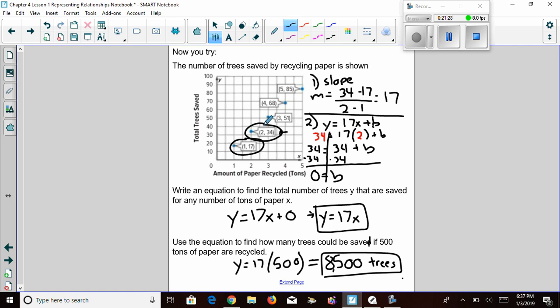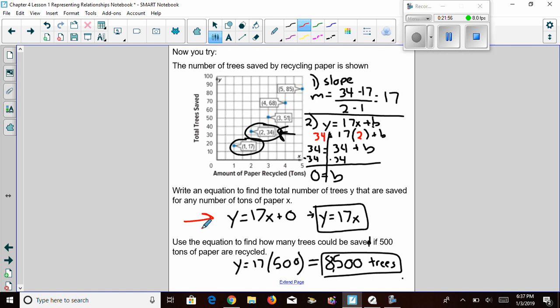So I used the second coordinate. That's where the 34 and the 2 came from. And when I solved that equation, I found that b is equal to 0. So I went and plugged in my slope and my y-intercept, simplified it down to say y equals 17x.